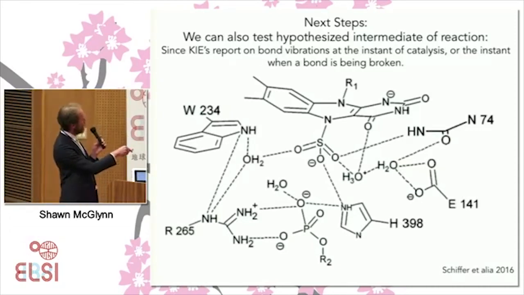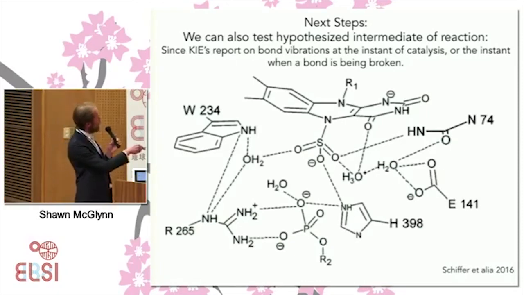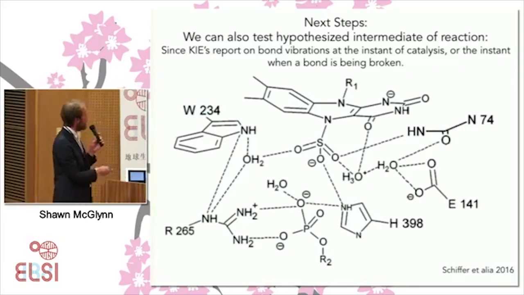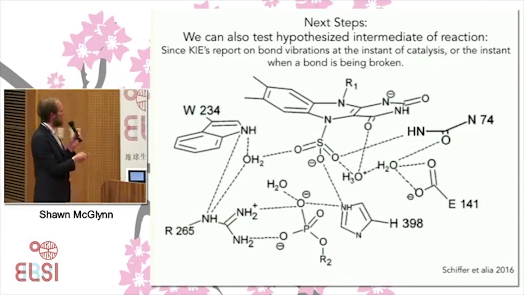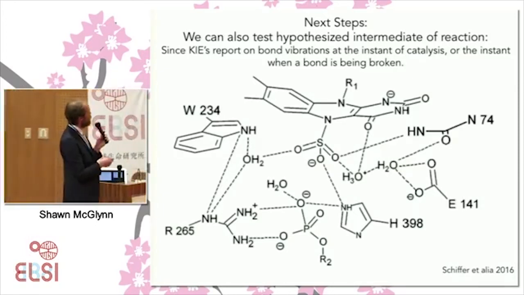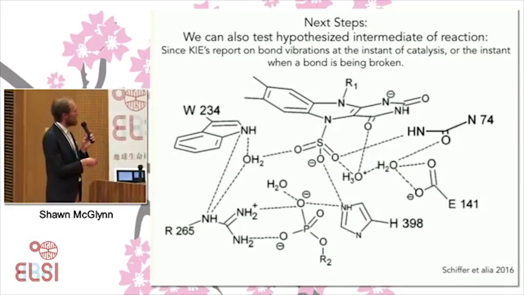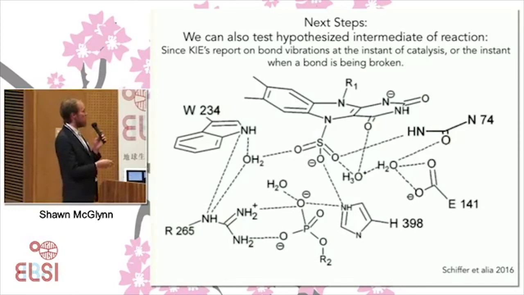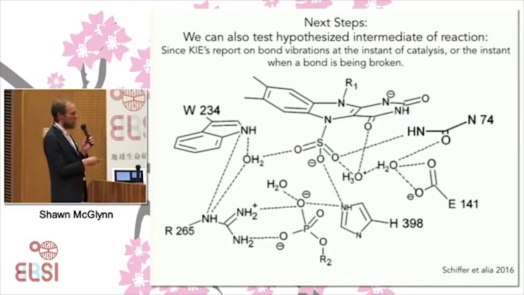Electrons come down into the FAD, and APS is reduced, leaving a covalently linked sulfite adduct here. So this is a pretty interesting proposed mechanism that hasn't received sufficient testing, I don't think. But one thing we're trying to do is use this measured isotope value to test this proposed mechanism.